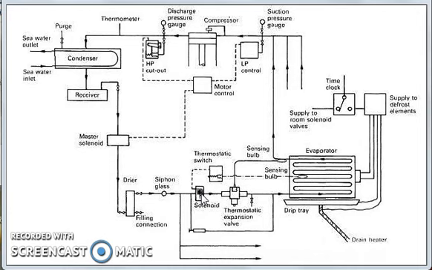Now from the solenoid valve the refrigerant goes to the thermostatic expansion valve. The thermostatic expansion valve senses the temperature of the refrigerant coming out of the evaporator, and according to that it increases or decreases the amount of refrigerant that should go inside the room.